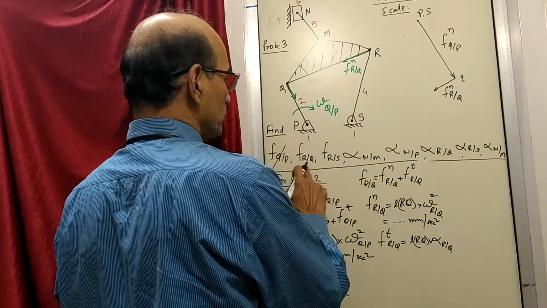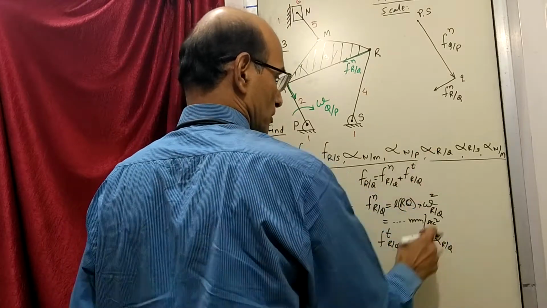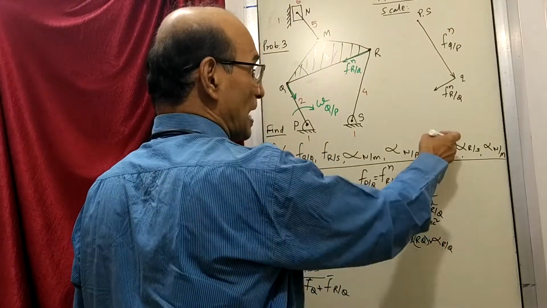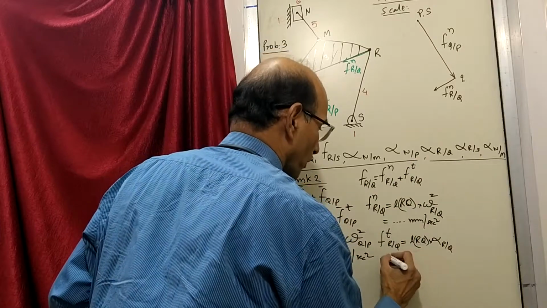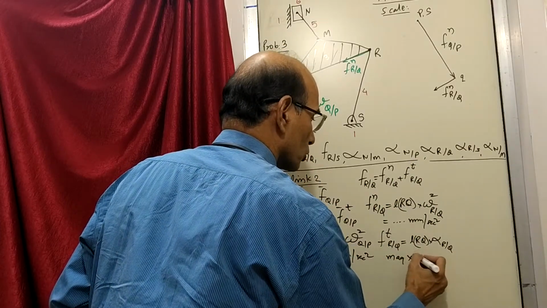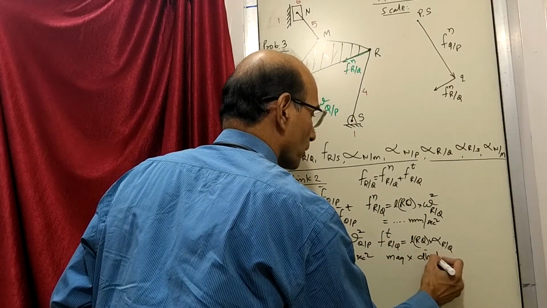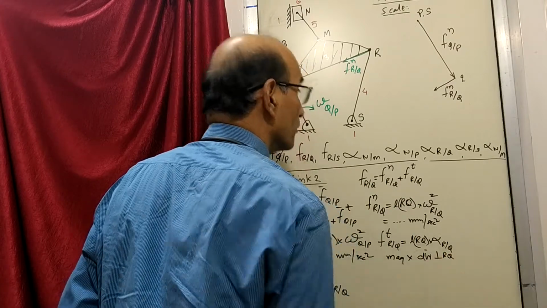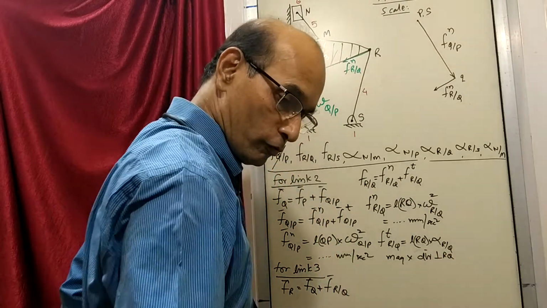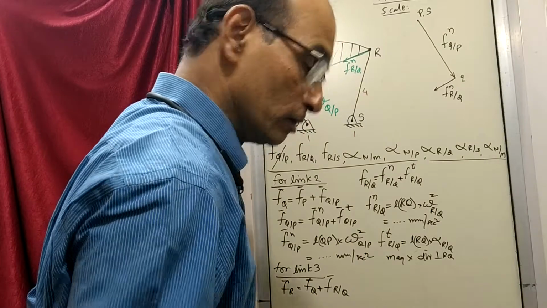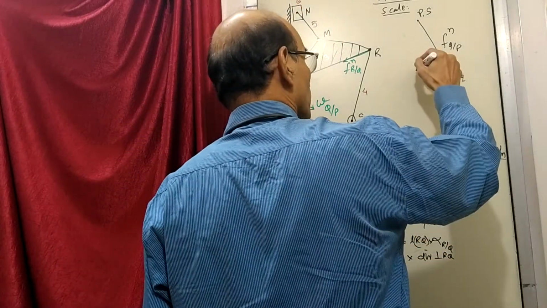Now alpha of R with respect to Q is this, but since this is not known, it is asked, so you will not be able to find this. So magnitude not known and direction is perpendicular to RQ. So now we draw a line from here which is going to be perpendicular.